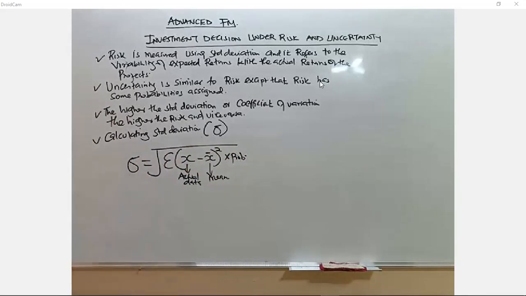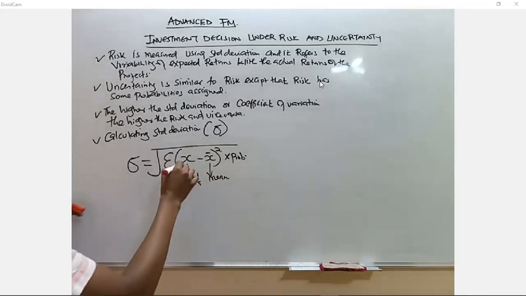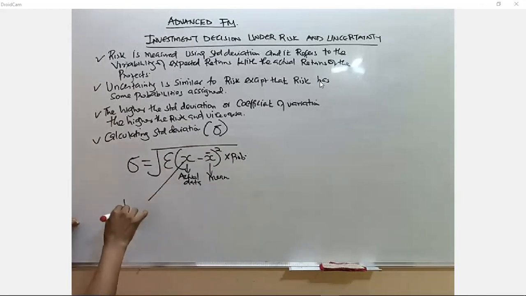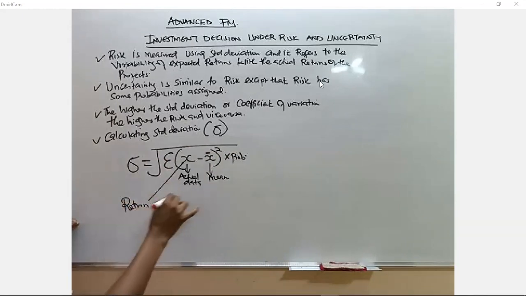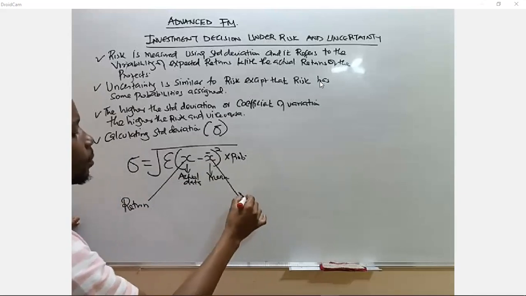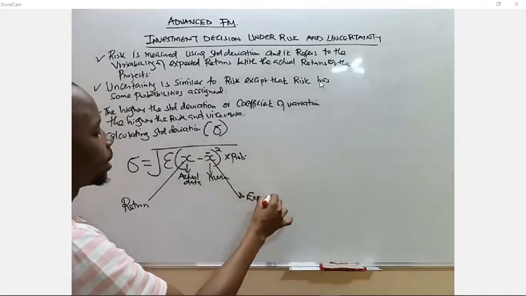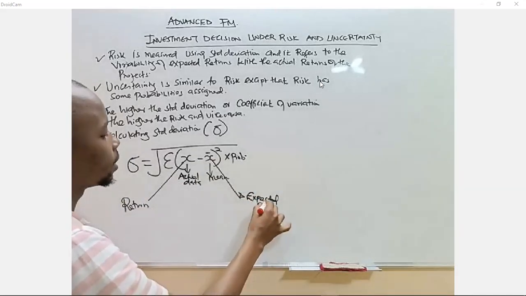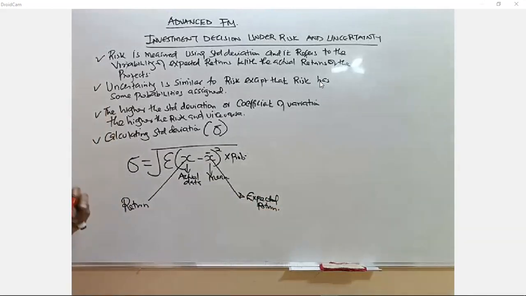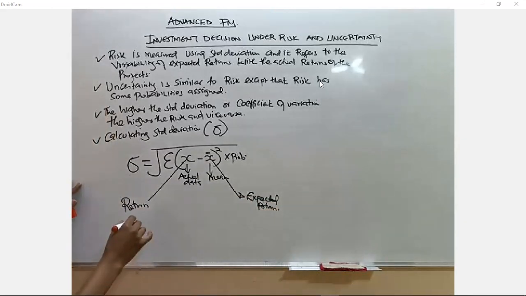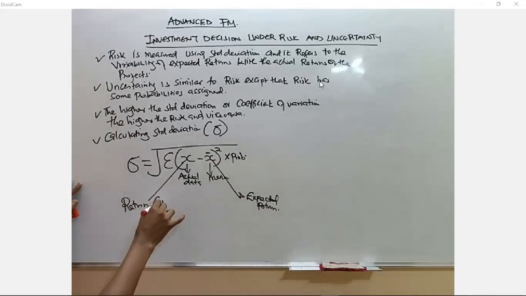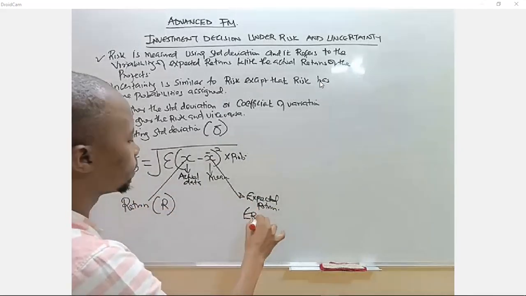But now here, we are not dealing with this. This one is basically replaced by return, and this one is replaced by the expected return. So how am I going to write our return? Under the formula, this would be R and this would be ER.